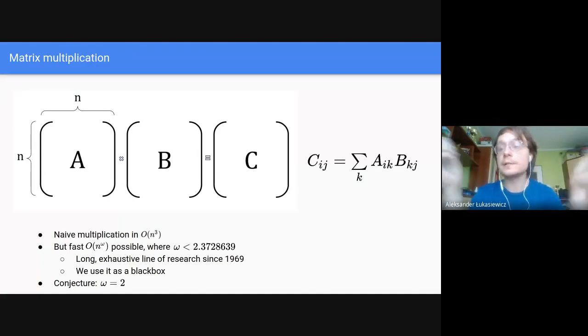We all know that the naive multiplication of matrices runs in n-cubed. And there has been a very big line of research starting in 1969 with the Strassen algorithm. People were trying to actually improve on this complexity.